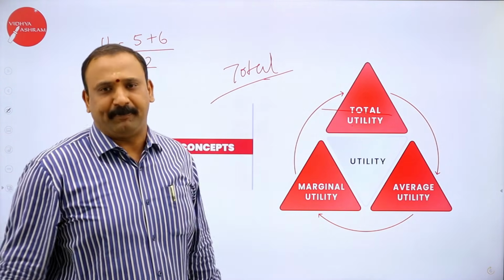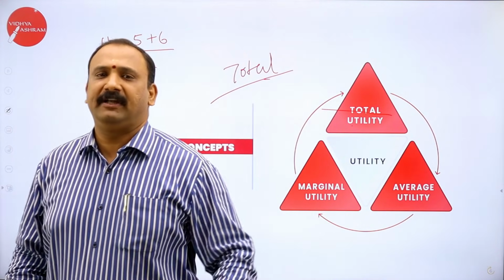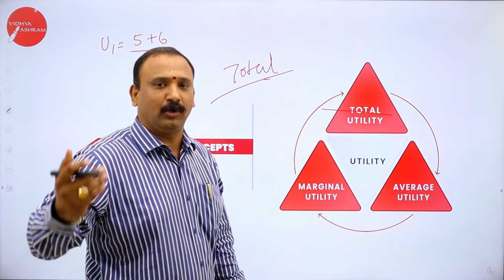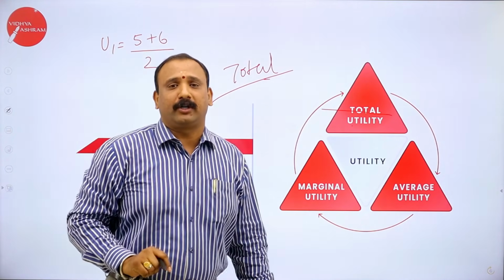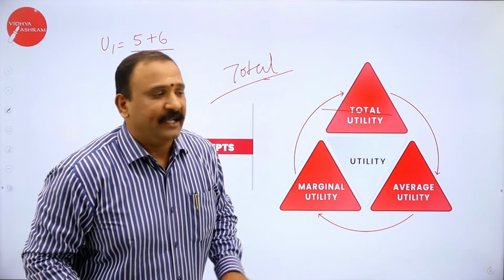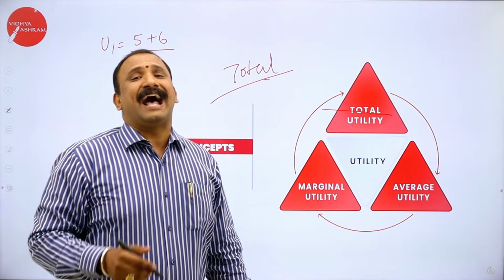On an average basis, I have been experiencing a satisfaction level of, let's say, 7 out of 10, 8 out of 10, 9 out of 10. That value that you are quoting in the market, that value that you are quoting in your life, is called the average utility. Why is that an average?